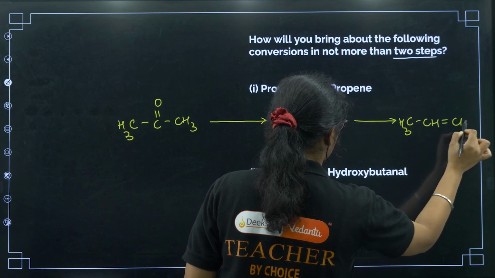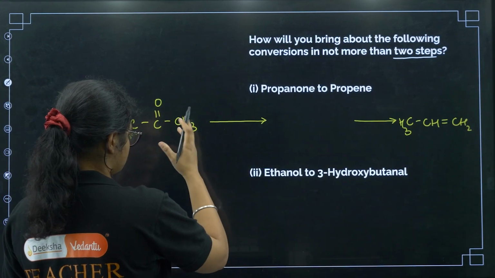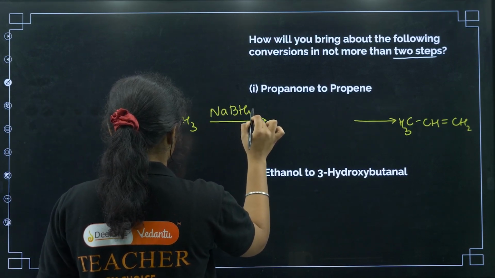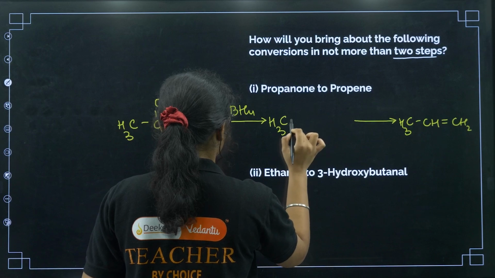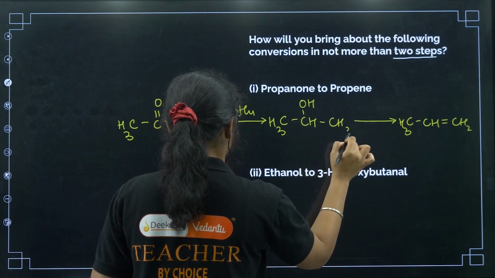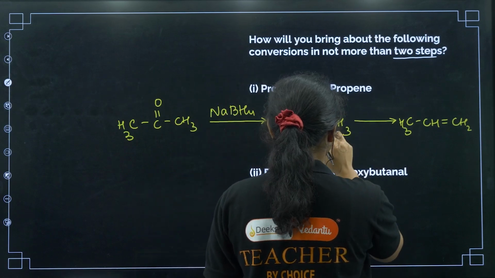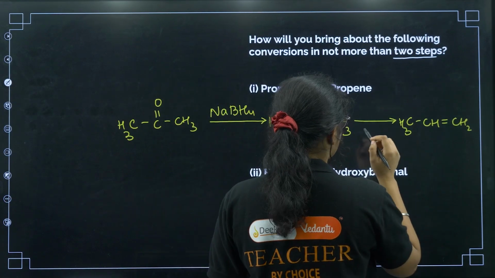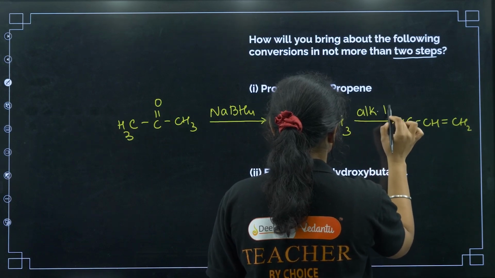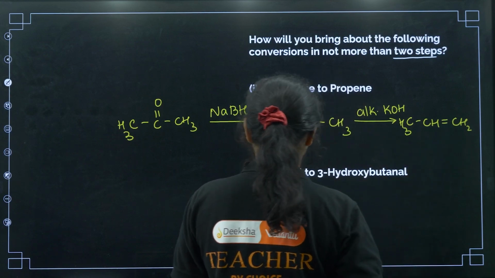So first, if I do reduction with NaBH4, then I will be getting CH3CHOHCH3, and then to remove this OH and H to get the double bond, I can treat it with alcoholic KOH. What it will do is remove H and OH and we will get the double bond.